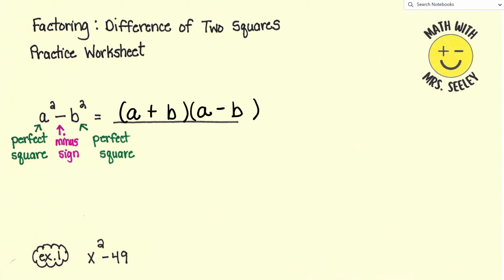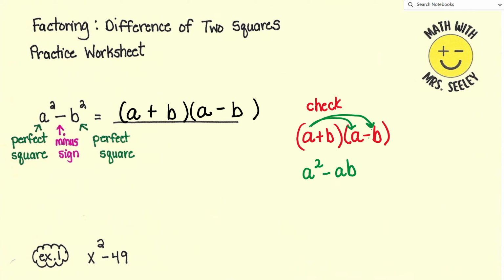All right, on this first one, I want to show you how you can check this. I'll only do it the first time because I want you to understand why the pattern works. So if I was going to check this, I would take a plus b times a minus b, and then multiply or distribute. A times a is a squared. A times negative b is negative ab.